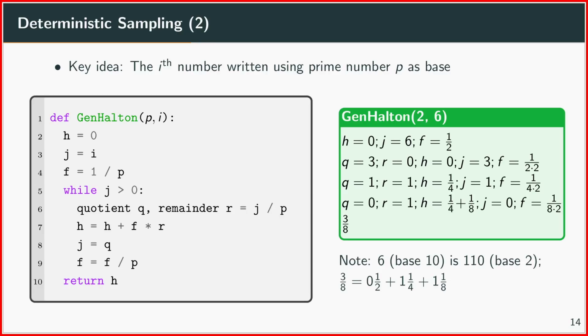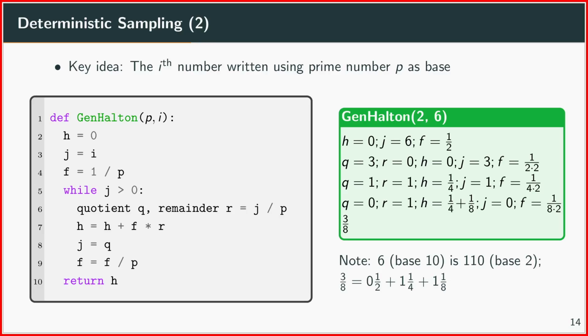So let's say you have as your base 2 and you have as your number i 6. So you want to have the 6th number from the Halton sequence. How this actually works is that you have a number h here, which represents the output. You have a number j here, which represents the running remainder of the number which you have as input.